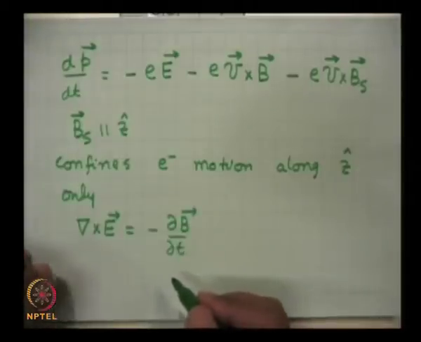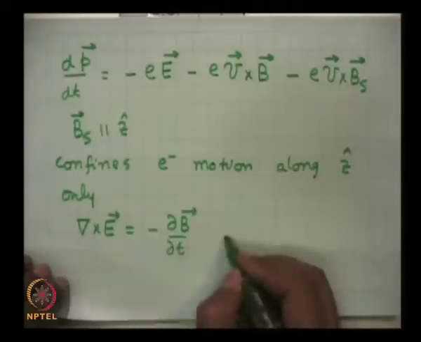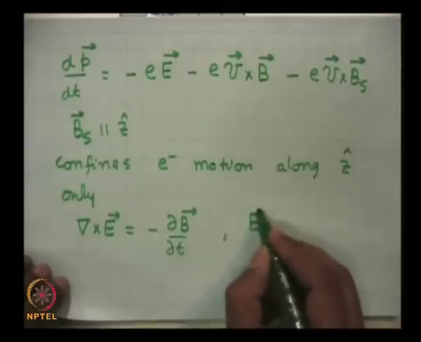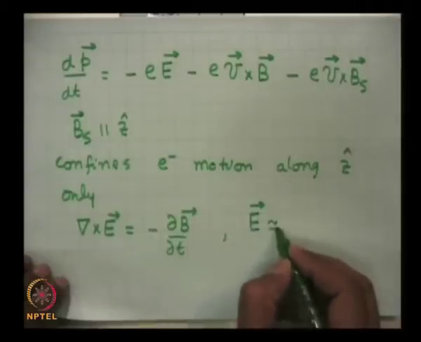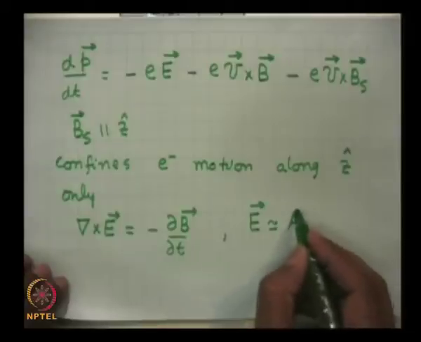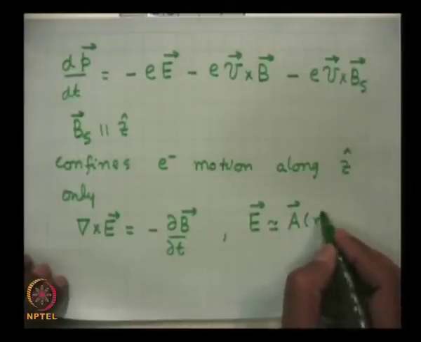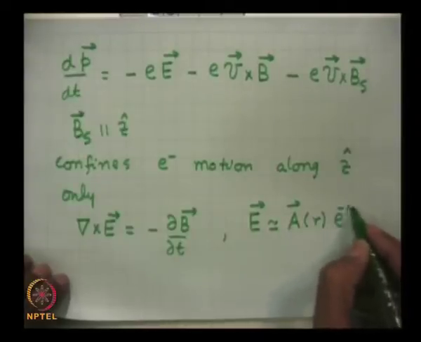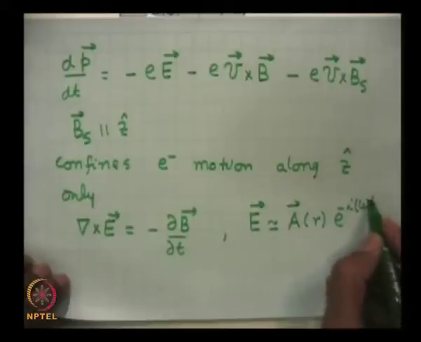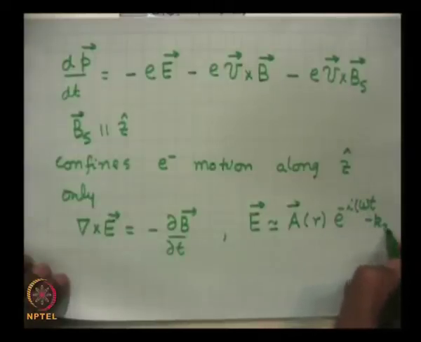If I take my fields to be of this form, which is some function of r, exponential minus i (omega t minus k_z z).